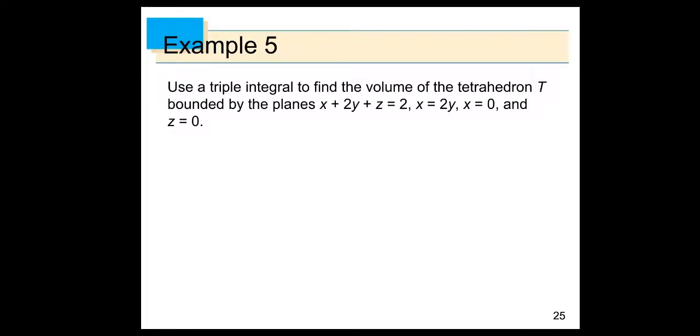Now you have to find the triple integral in order to find the volume of the tetrahedron. So first of all, you have to draw the xy plane, and with the help of the xy plane, you have to jump to xyz space and see how this tetrahedron works.